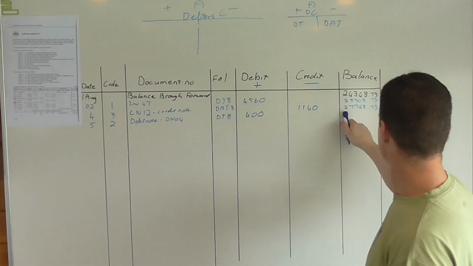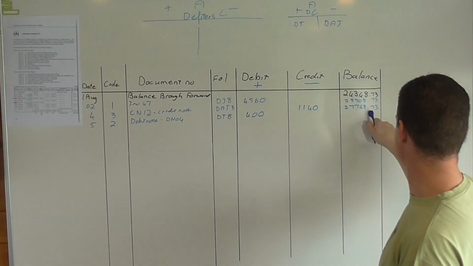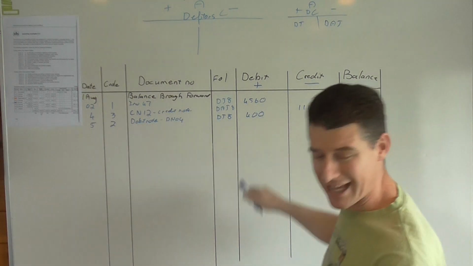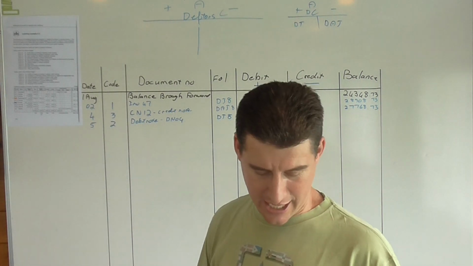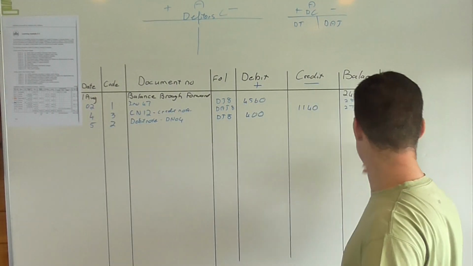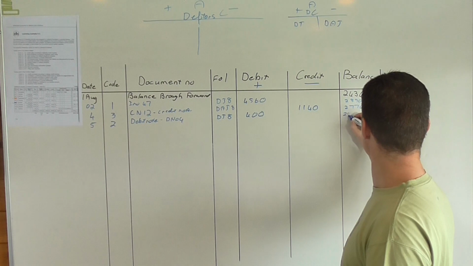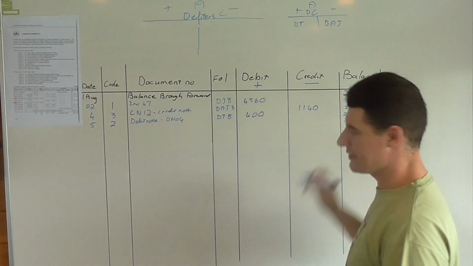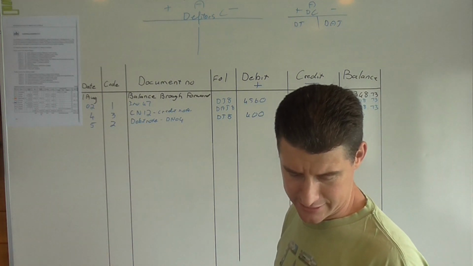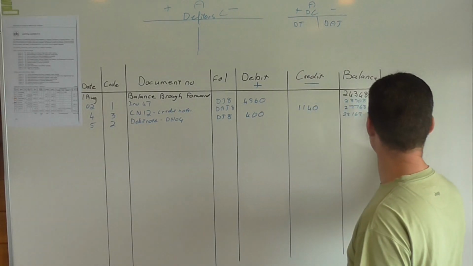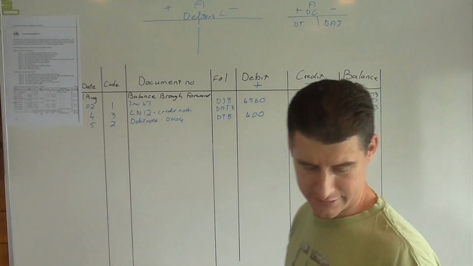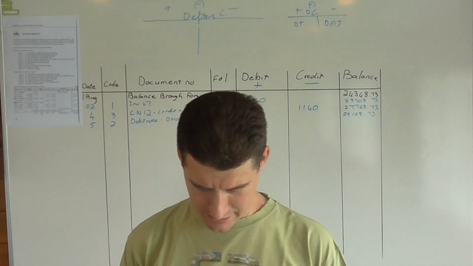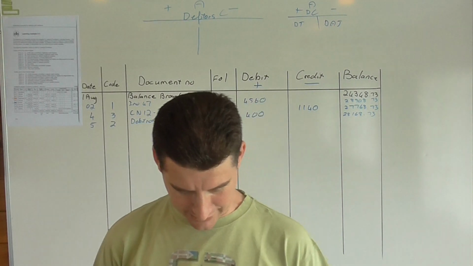So now once again, you take your balance of 27,768.73 plus 400, and that gives you 28,168.73. Okay. So all done.